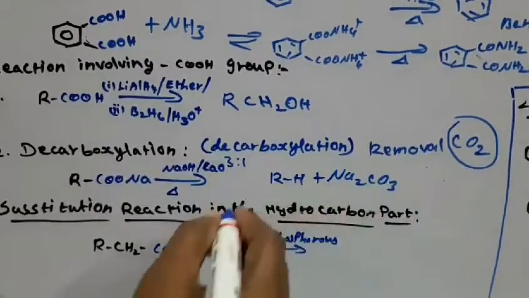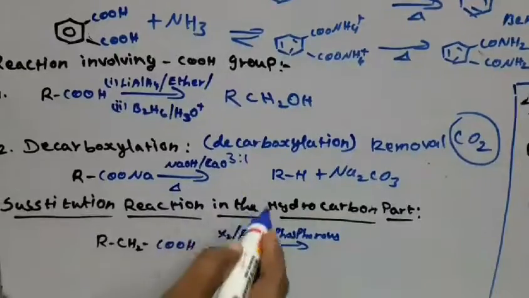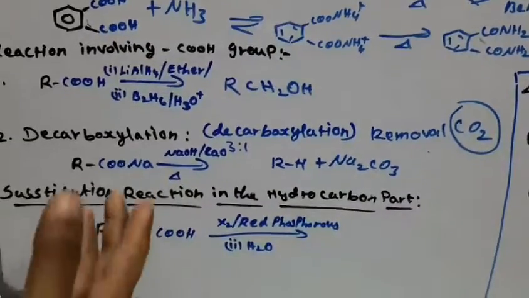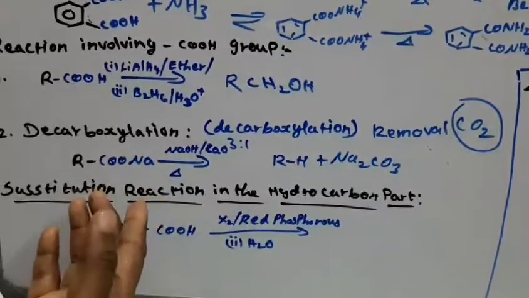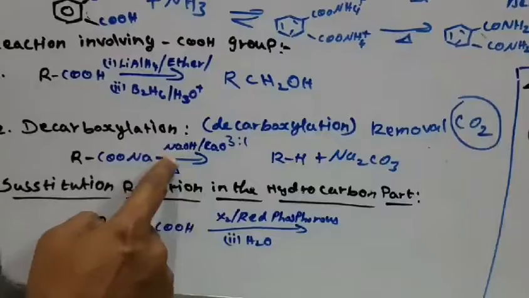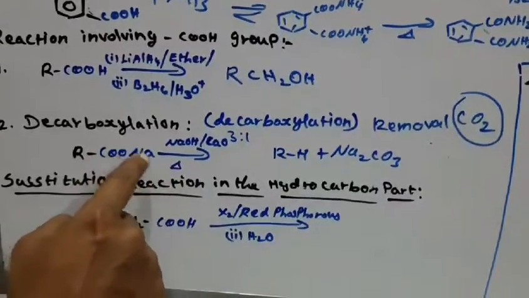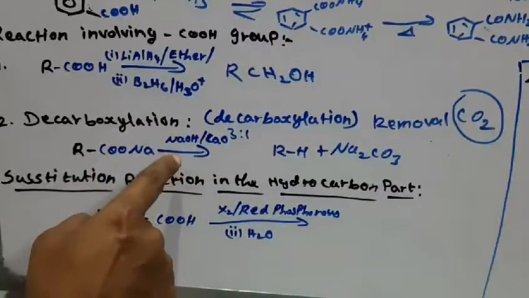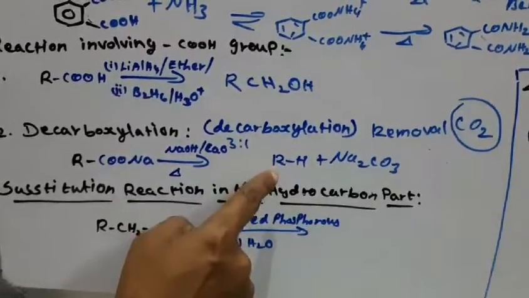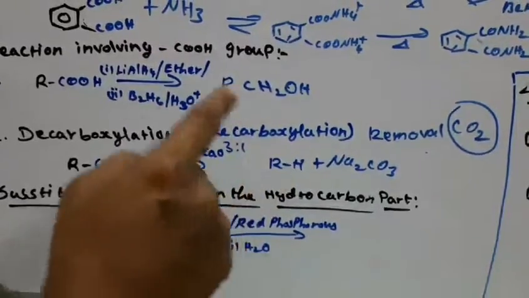This is also called Wolff electrolysis, another name is decarboxylation. Why is it decarboxylation? Because of removal of CO2: in the presence of soda lime, the sodium salt loses CO2 gas and produces a hydrocarbon.